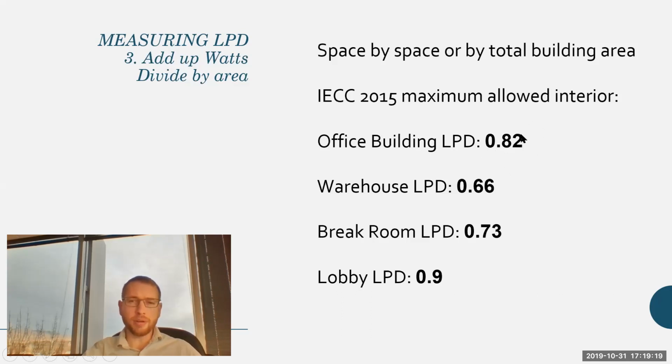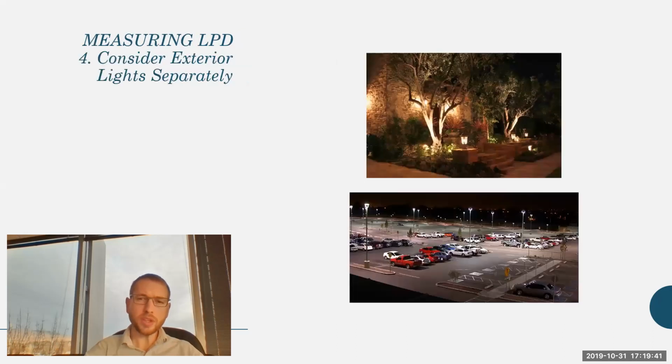But for a new office, according to IECC 2015 code, you can have a lighting power density of 0.82 watts per square foot used exclusively for lighting. That's excluding emergency lighting, exit signs, things like that, just your interior office lights.